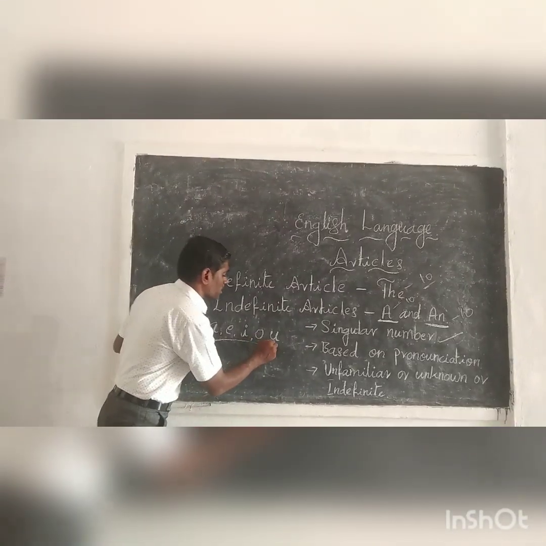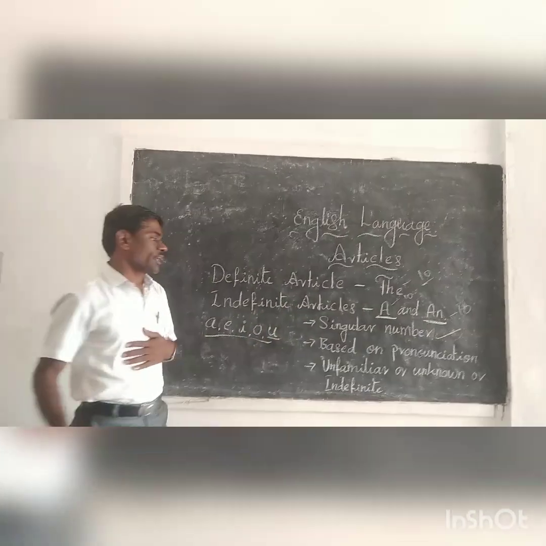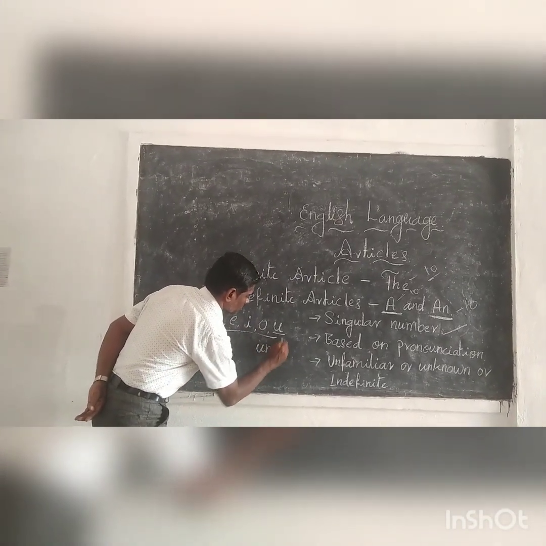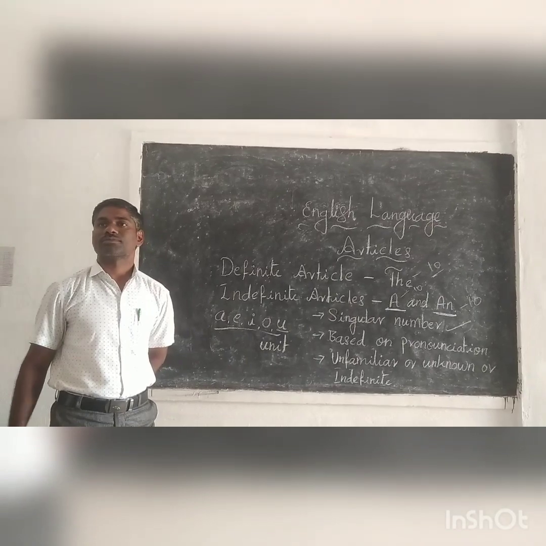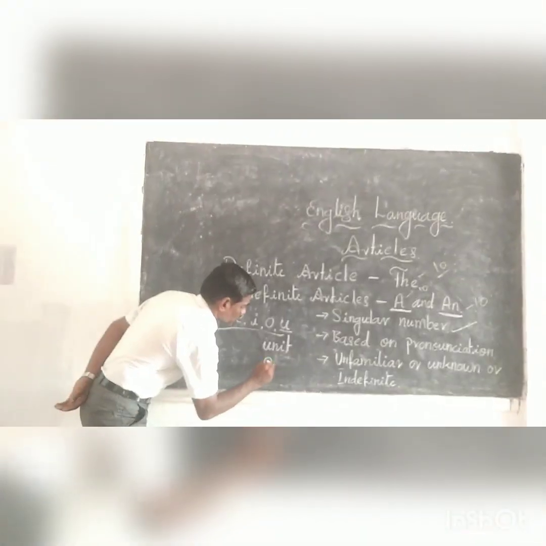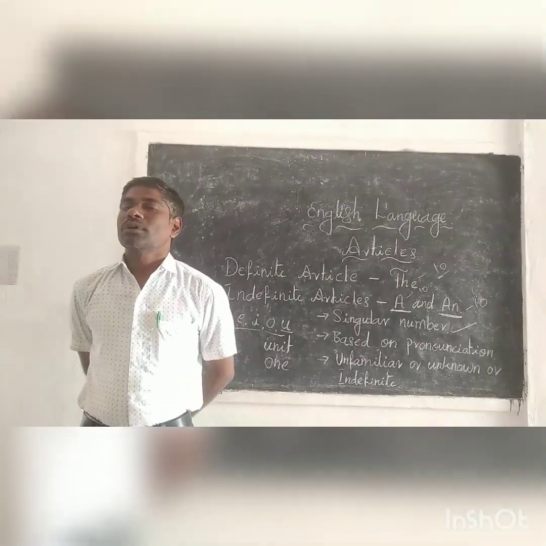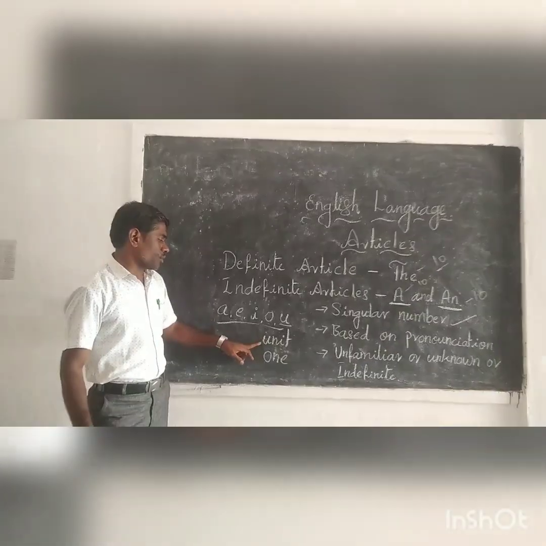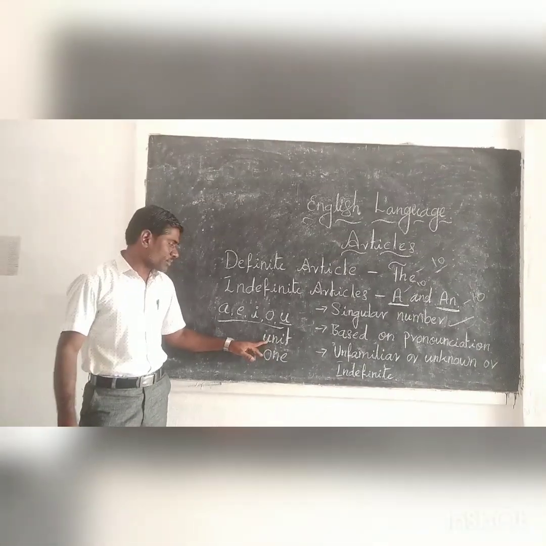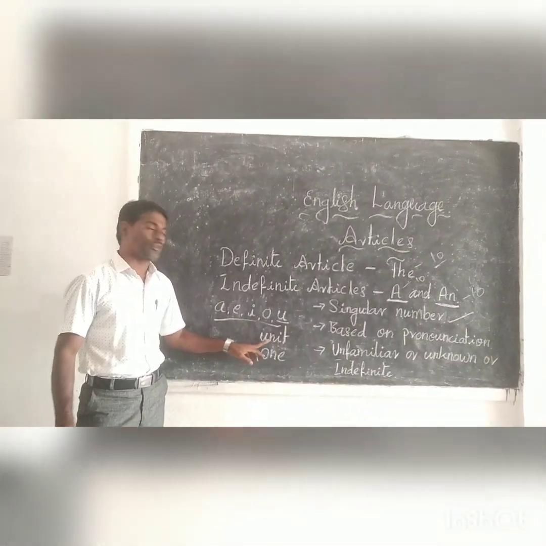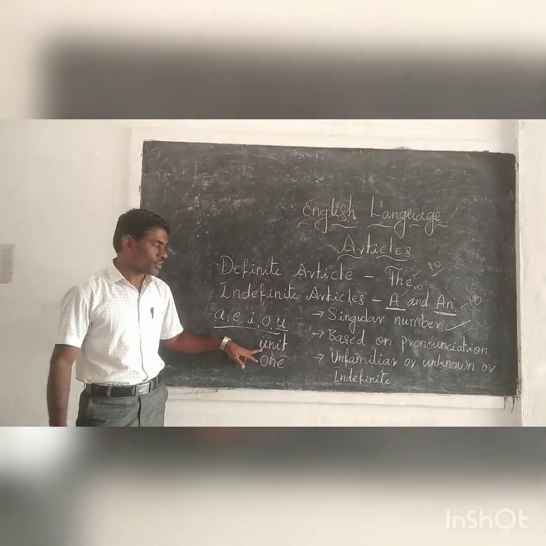So for example, here U is there. Unit. All of you write unit. Even one, O-N-E, one. It is a word that starts from a vowel letter, unit starts from U.